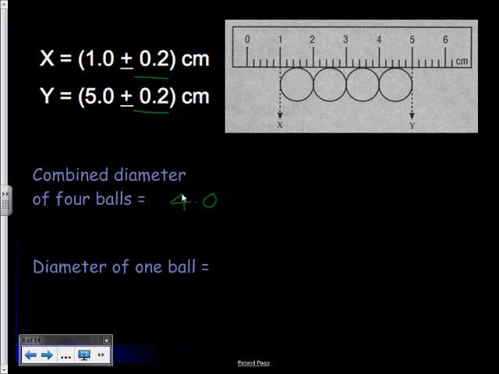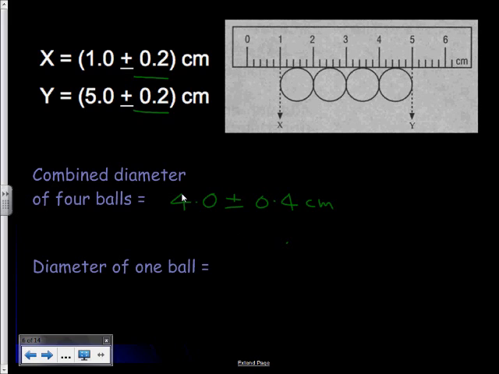So what we do, according to the rule, is that we add the uncertainty, so plus or minus 0.4 centimeters. Now, in this particular case, we've already got this to one significant figure, and then the same number of decimal places in there. So we do not need to do any more than what we have done here.